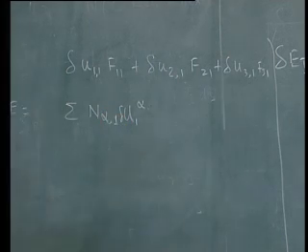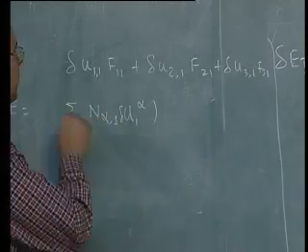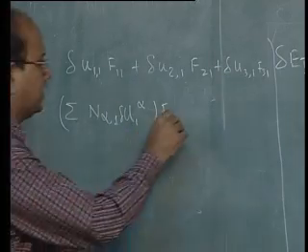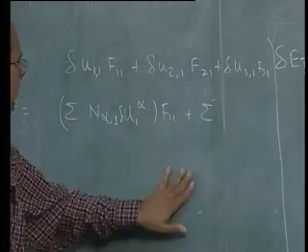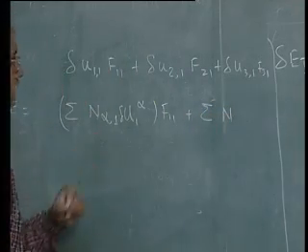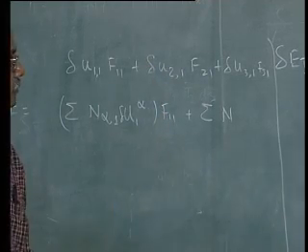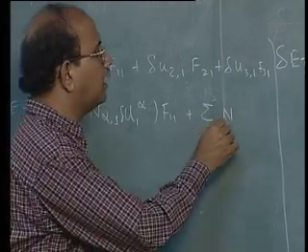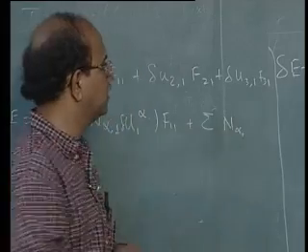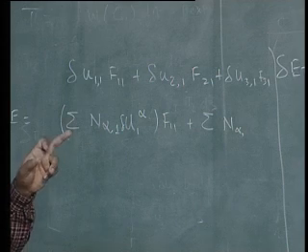Since delta is involved, there will be δu_1 alpha, sigma of this multiplied by F_11, plus sigma N delta u_2. What will I have? Alpha, comma, 2, comma 2.